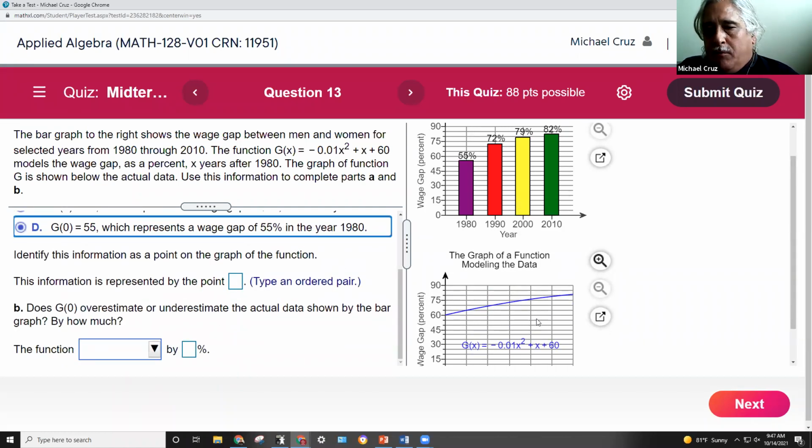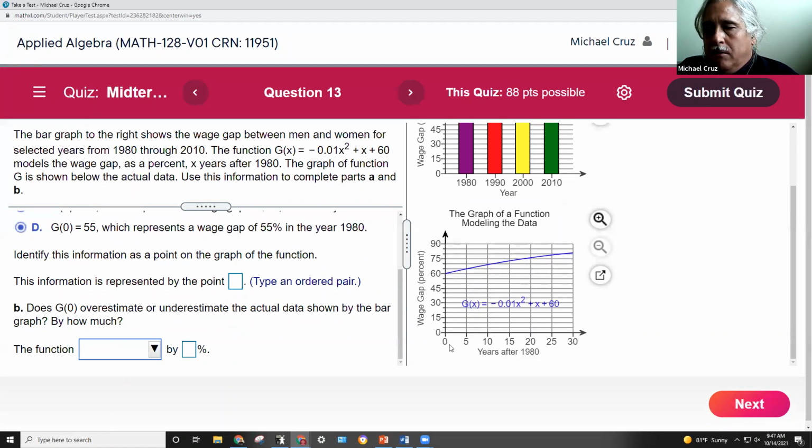Identify this information as a point on the graph of the function. So we've got to calculate this out as what it amounts to.